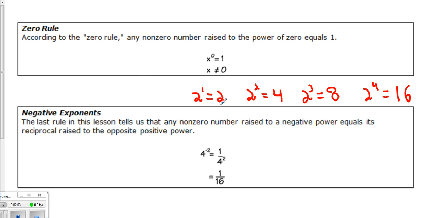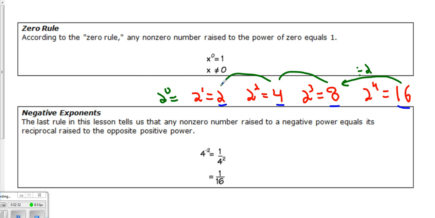Notice how each time we go from here to here, we're doing times 2, times 2, times 2. So what if we went backwards? What if we tried to go next to 2 to the 0th power? Well, going from 16 down to 8, we're dividing by 2. Same thing, 8 to 4, 4 to 2, we're dividing by 2.